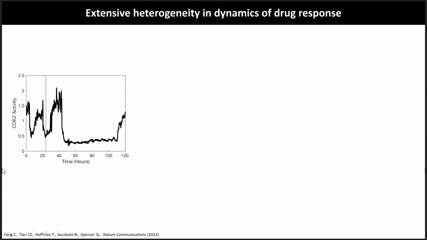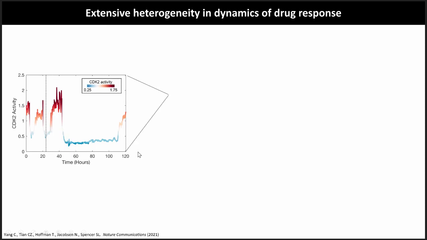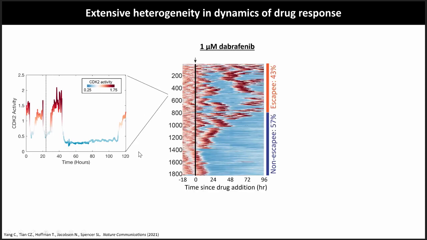What we do is take our many single cell traces and color code them red if CDK2 activity is high and blue if it's low, and then each of these becomes a row in a heat map. Here you're looking at 1,800 single cells that we've tracked for almost 5 days. Drug is added at the black line. And you can see the behaviors are more complex than that initial movie suggested.